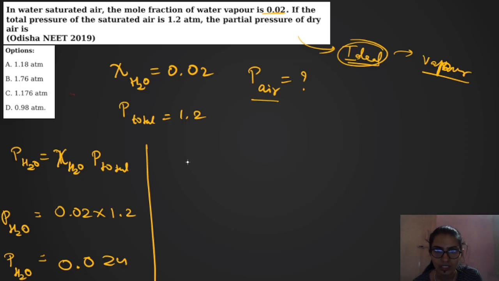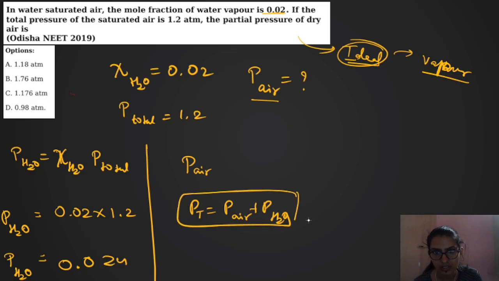Now we need to find out partial pressure of air, and we know that total pressure is equal to partial pressure of air and partial pressure of water. So this is the general thing we know. Total vapor pressure is equal to sum of the partial pressures of the components, and here air and water are the two components present over here, right?